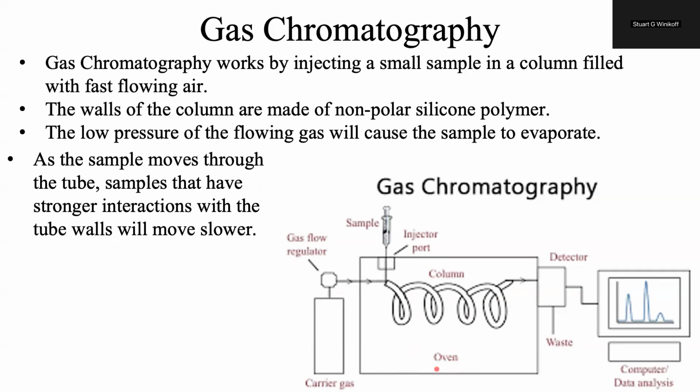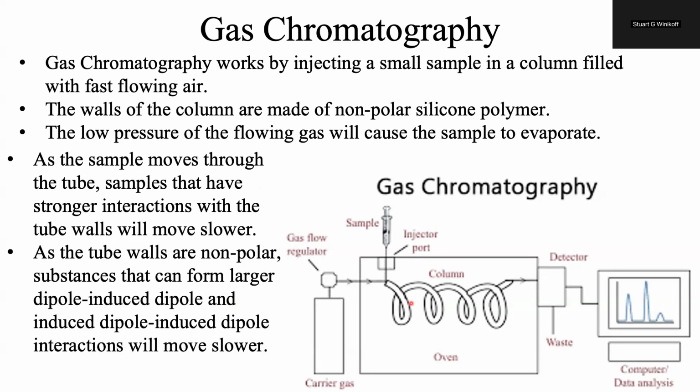As the samples are moving through the tube, samples that have a stronger interaction with the tube walls are going to move slower. So again, larger nonpolar molecules: the more intermolecular forces I can build to a nonpolar surface, the slower it moves.